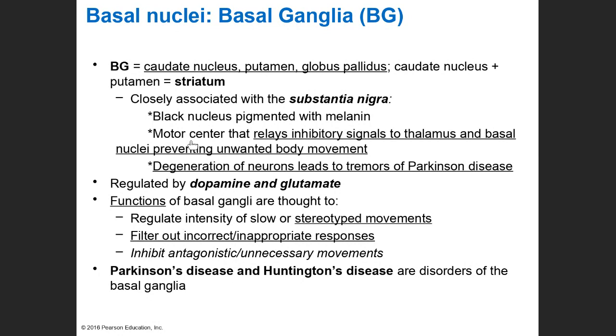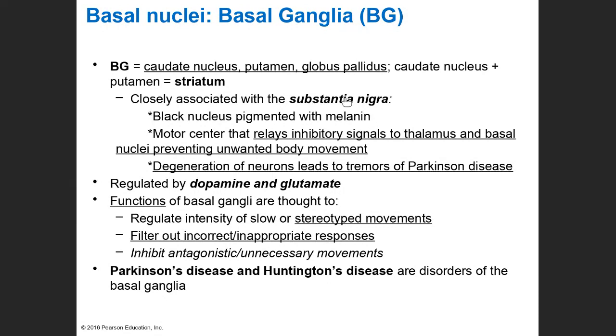The substantia nigra is a motor center, and it really is complicated actually. I'm trying to keep it simple here, but the substantia nigra is going to relay inhibitory signals to the basal ganglia as well as the thalamus to prevent unwanted movements. You should understand that the substantia nigra is outside of the basal ganglia.